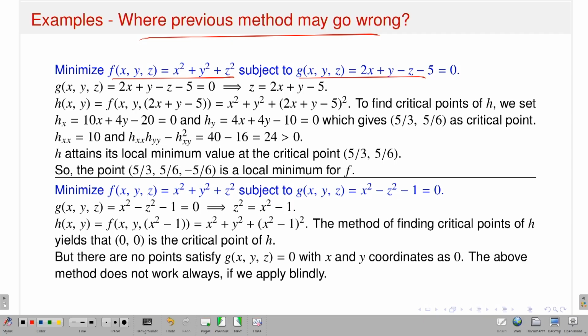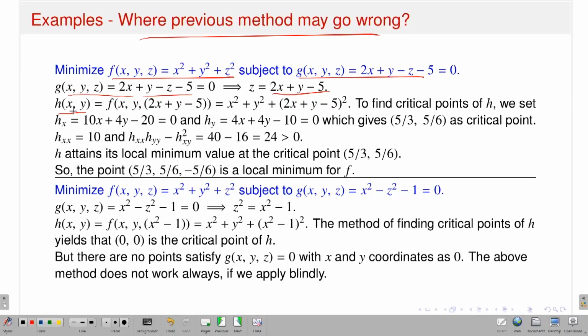The process is that, since g of x y z is linear, you solve for the variable z, which is 2x plus y minus 5, and you replace it in your f, making it a function of two variables. Earlier you had a function of x y z, which is x square plus y square plus z square, but the constraint gives you some restriction on your variables. So you replace one of the variables, here I am replacing z in terms of x and y.